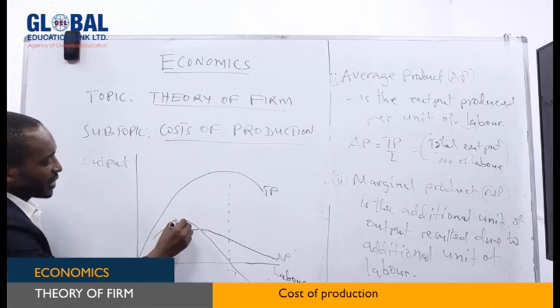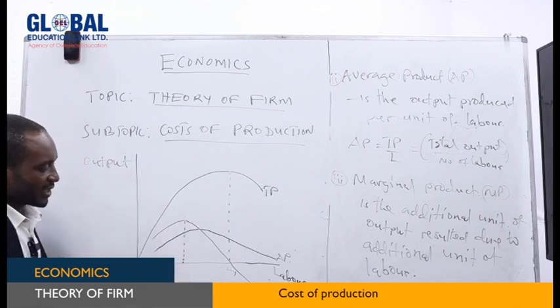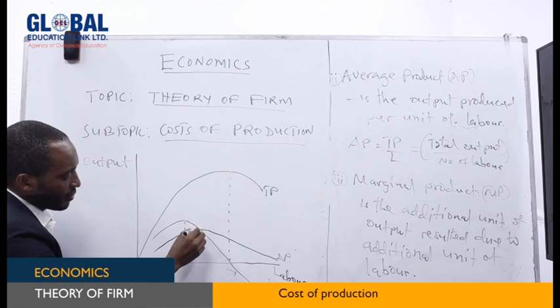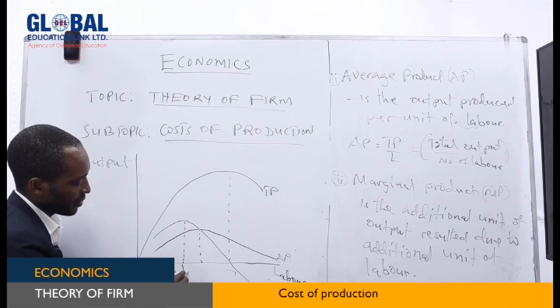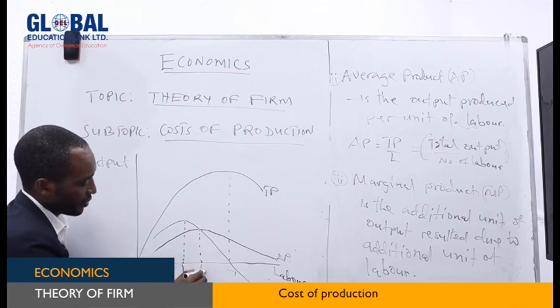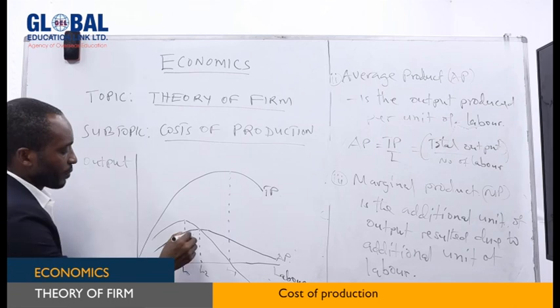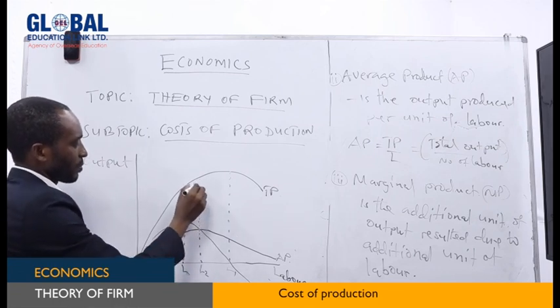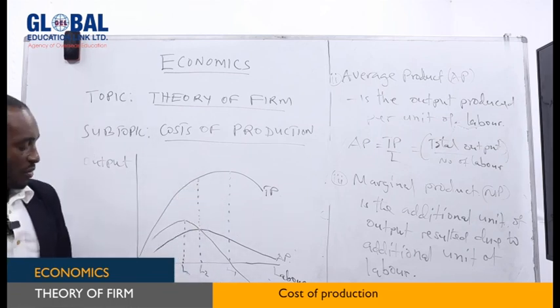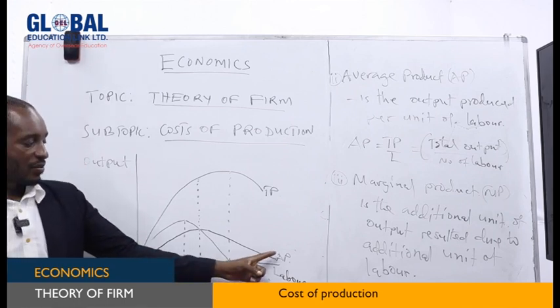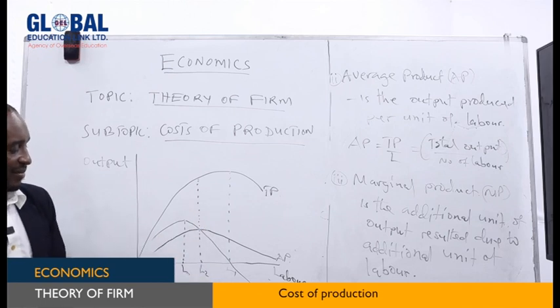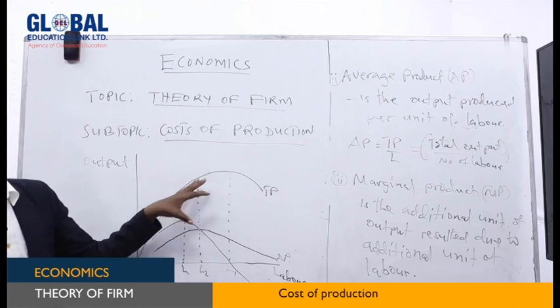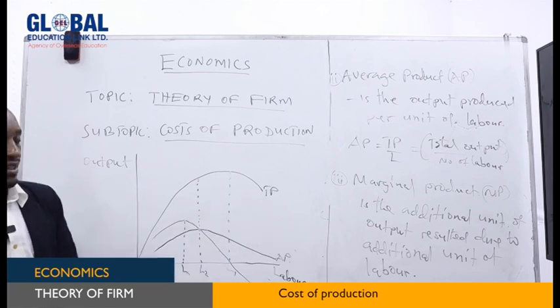This point shows the maximum, and where these two curves intersect here is L, let's say L0, this is L2. So when the marginal product and average product curves intersect, here the average product is at a maximum. So the production curves will be like this one.